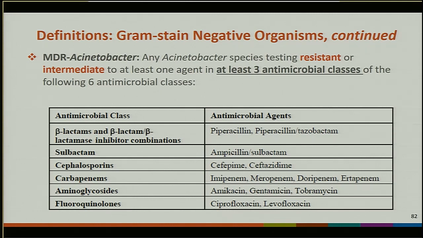And then you have your multi-drug-resistant Acinetobacter, which is any Acinetobacter species testing resistant or intermediate to at least 1 agent in 3 antimicrobial classes. So here are the classes. So you have to have at least 3 of these with any one of these drugs resistant to meet this definition.